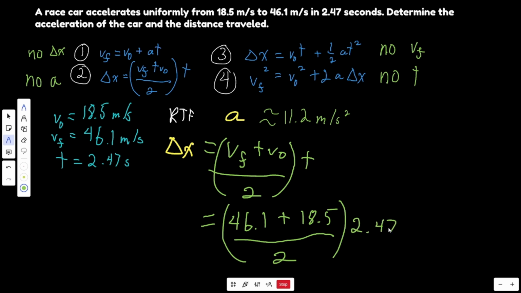Plugging this into the calculator once more, 46.1 plus 18.5 divided by 2 is equal to 32.3, and multiplying that by 2.47, you should get an answer of 79.781.